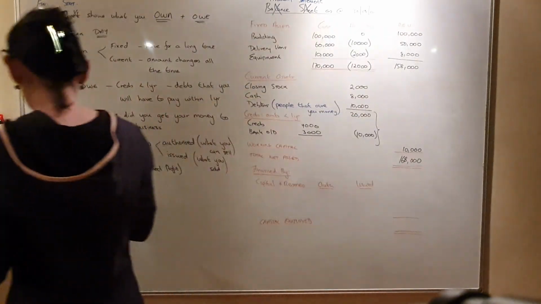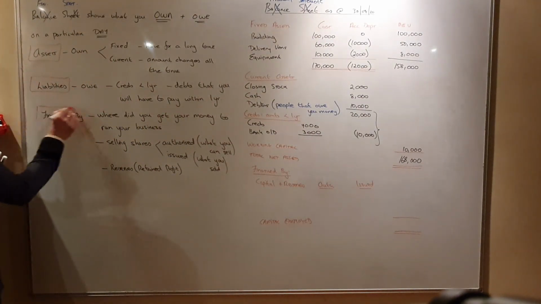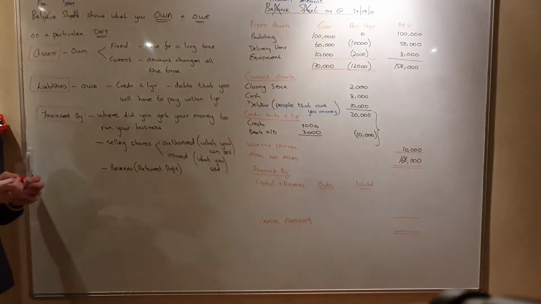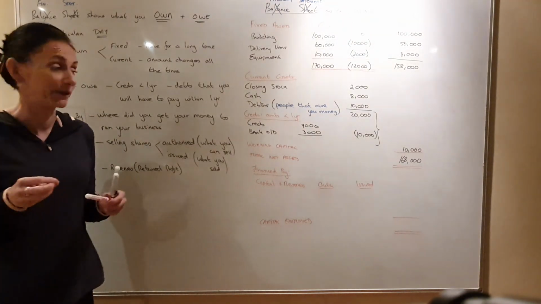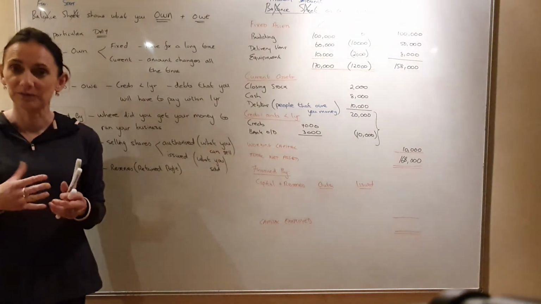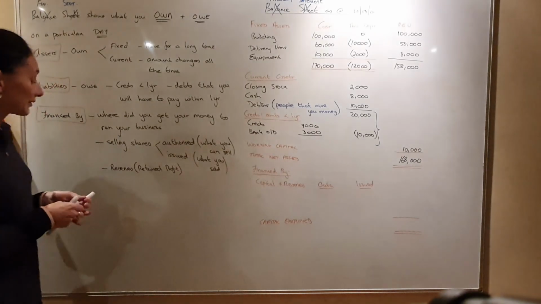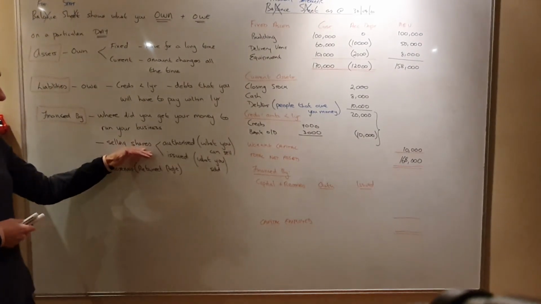Okay, the third part, so we've just done the liabilities there. And the third part we're going to look at here is finance by. Where did you actually get that money from? So most businesses get the money from a number of different sources. You only have to worry about one in the exam here. You have to say that they got their money from selling shares.